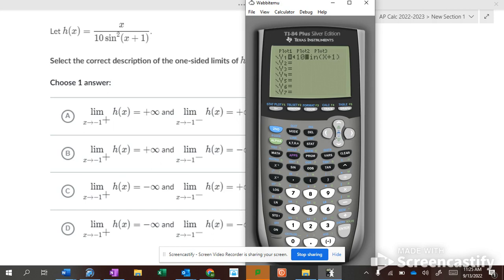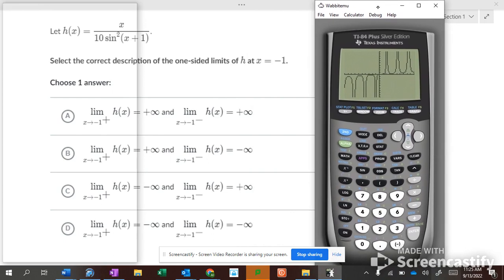So it's 10, I have to throw in a parenthesis, and then sine, and then x plus 1, close the parenthesis, and then square that, and then parenthesis again. And let's graph that, see what that looks like. Ooh. Interesting.